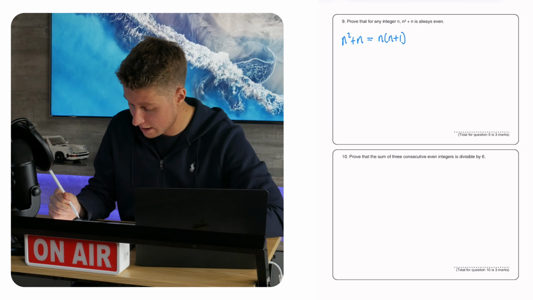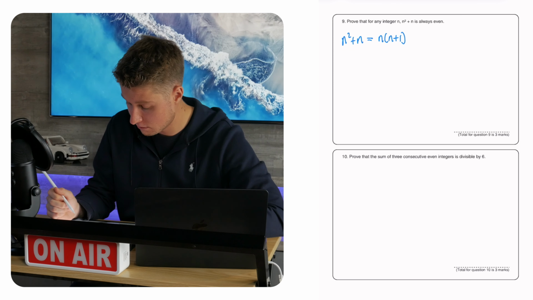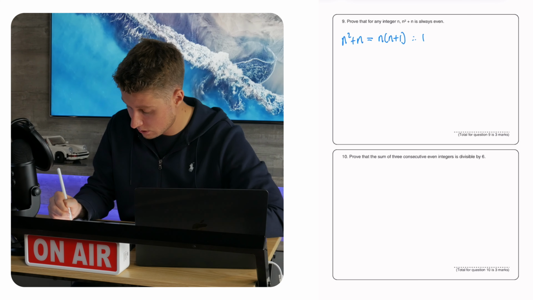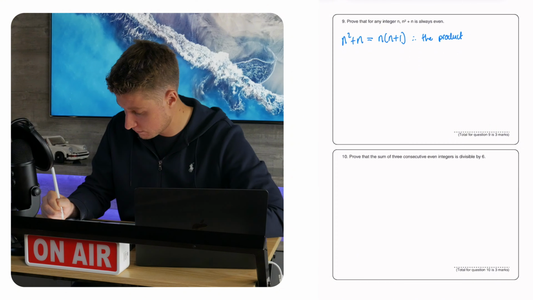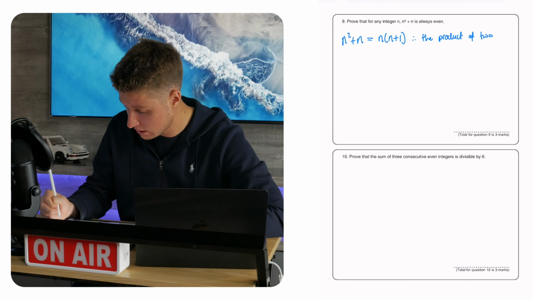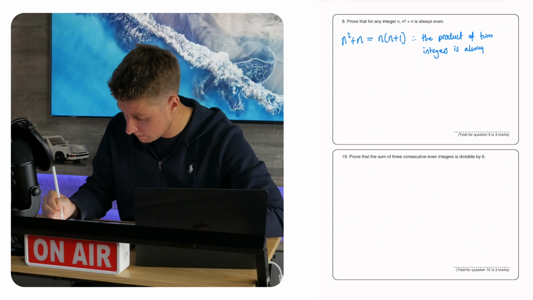If you multiply n by n plus 1, which is the next number, then this will always be even. So therefore, the product of two integers is always even.